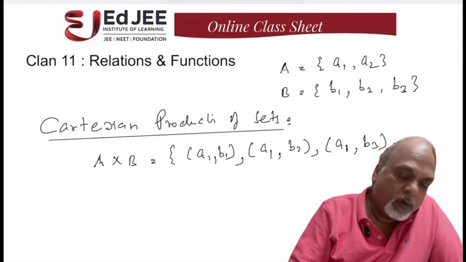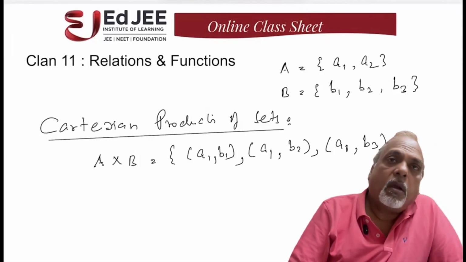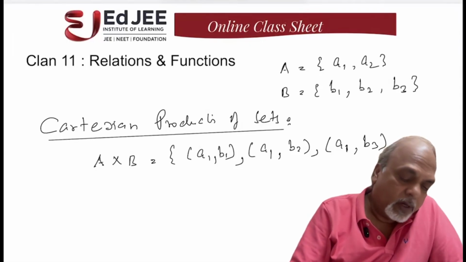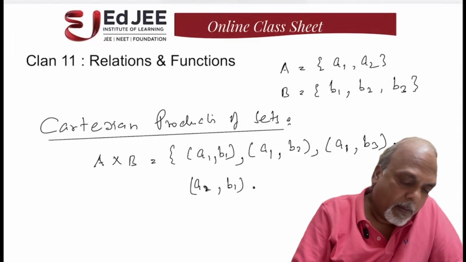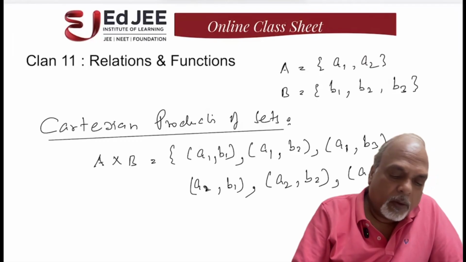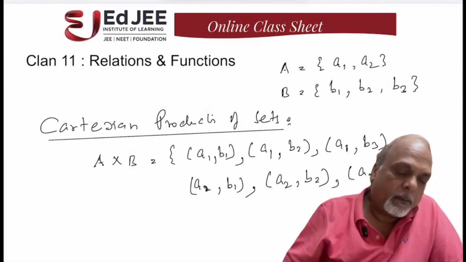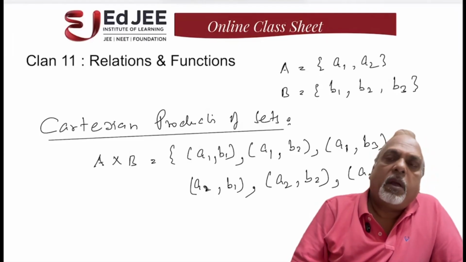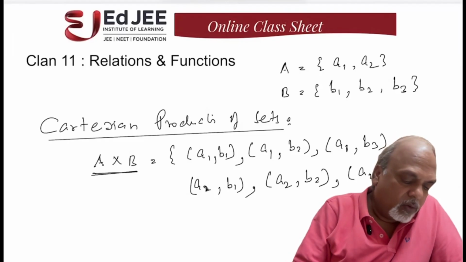Then we have to write the second element. So A2, B1, then A2, B2, then A2, B3. Correct? So these are complete pairs, you can say ordered pairs of this Cartesian product A into B.